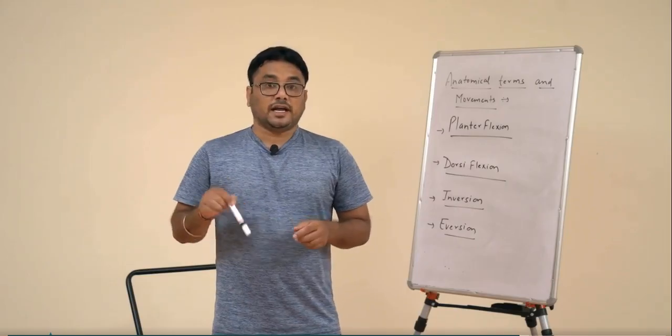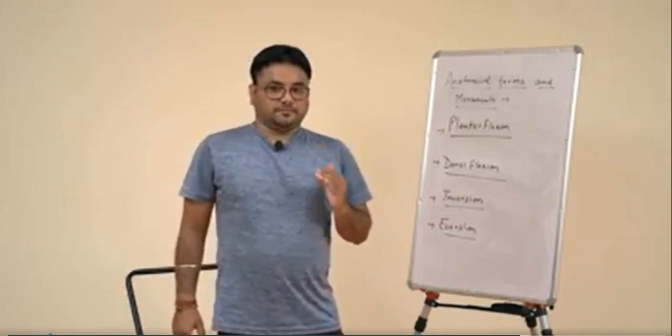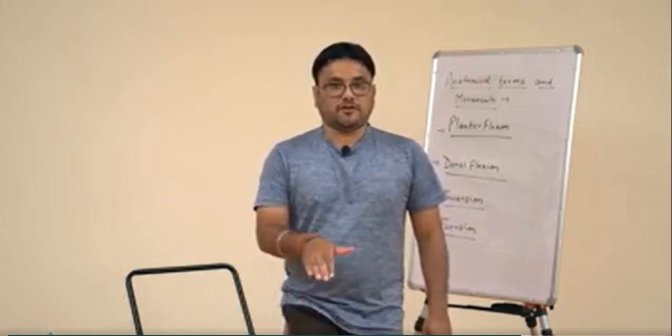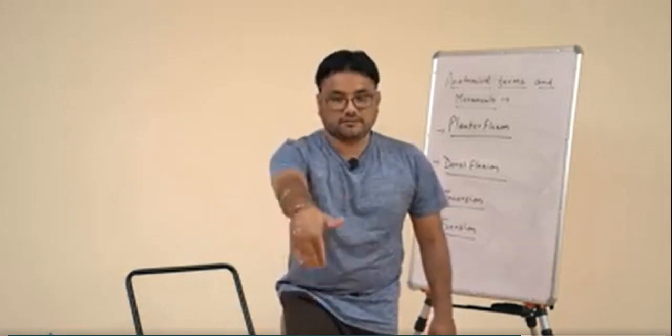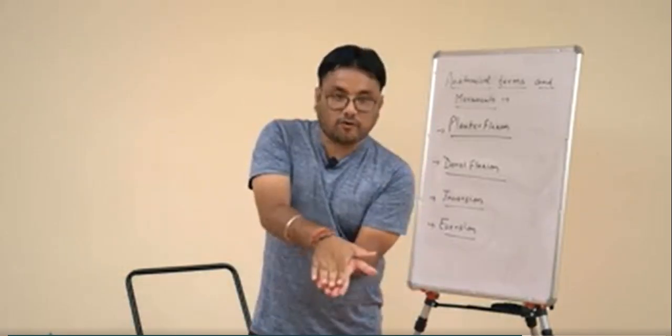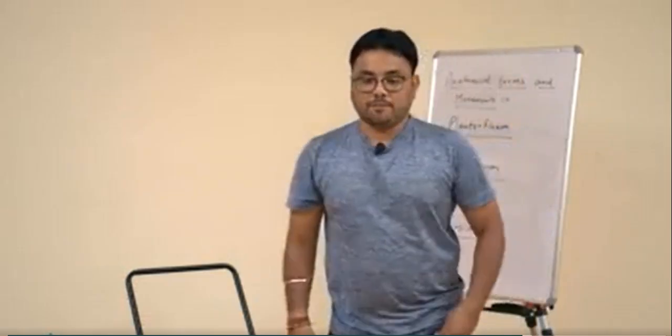Which joint? Ankle joint. So plantar, the plantar surface is the front part of your foot, which when you plant on the floor like this. So I am planting this surface, right? I am planting this part, the front part.